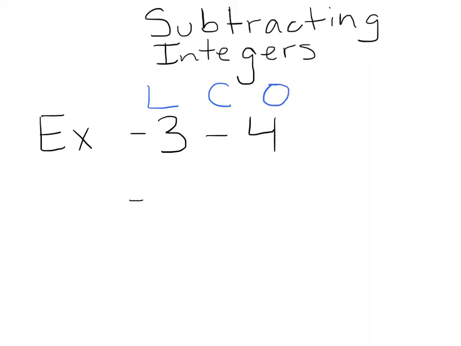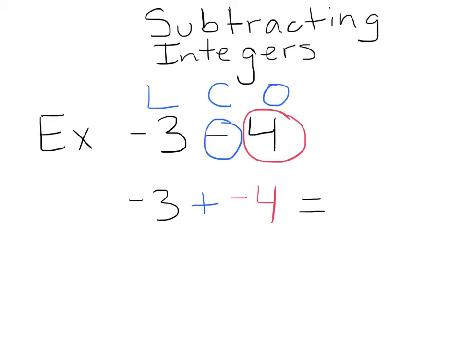Leave the -3, change the subtraction to an addition, and then opposite of +4 is a -4. Once again here, I will use my rules for addition, and since both of these happen to be negative integers, I will add them. 3 plus 4 is 7, and since they have the same sign, I'm going to keep that sign, which will be a -7.